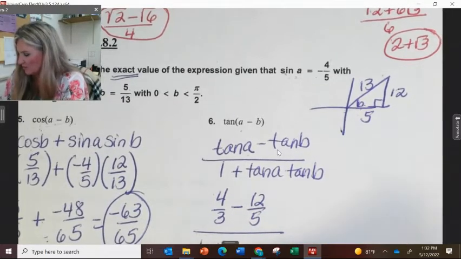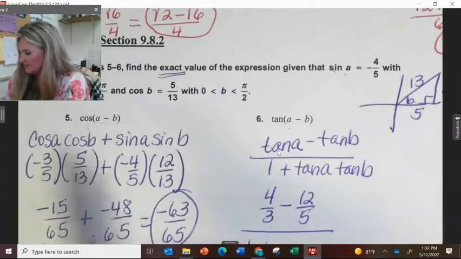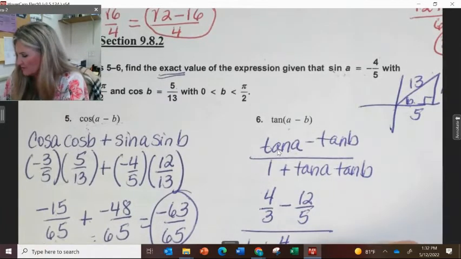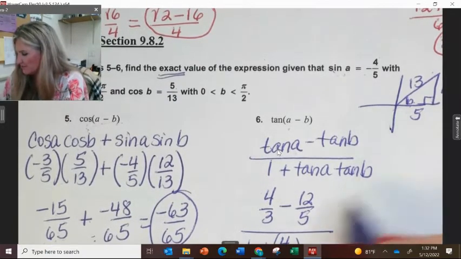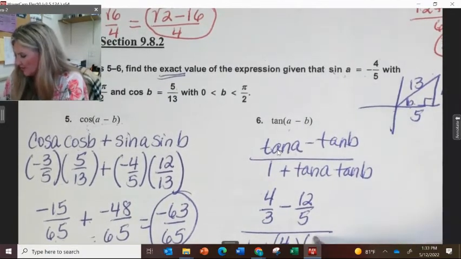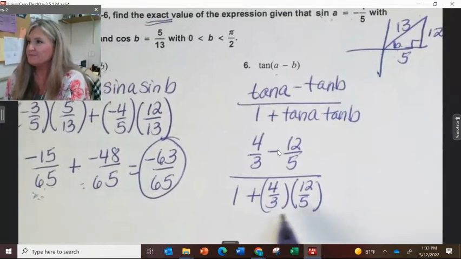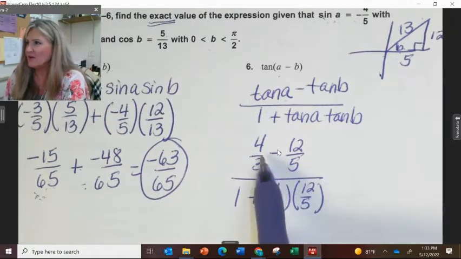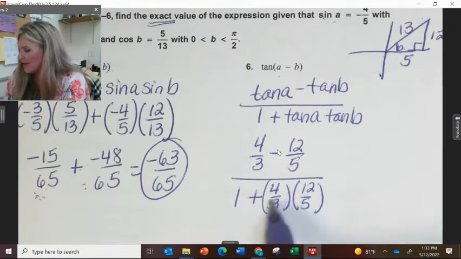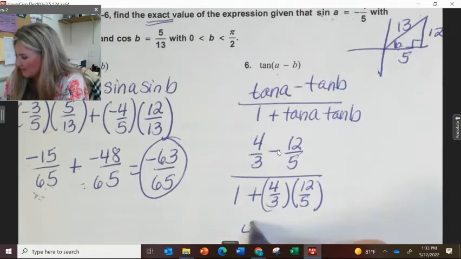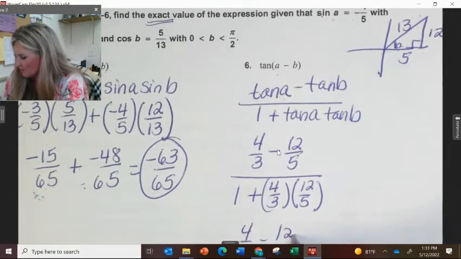And then it's 1 plus tangent of A again was 4/3. And tangent of B was 12/5 again. All right. So checking this out, I'm going to go ahead and combine these two. So I'm going to have 4/3 minus 12/5 over 1 plus 48 over 15.